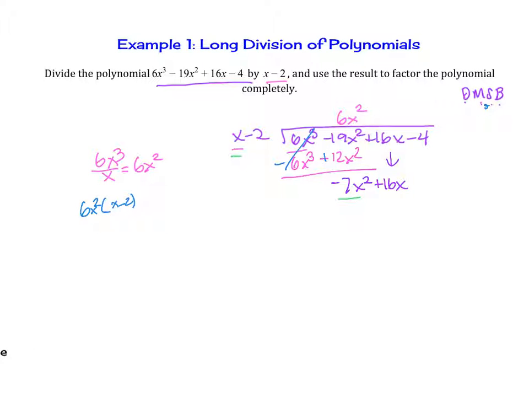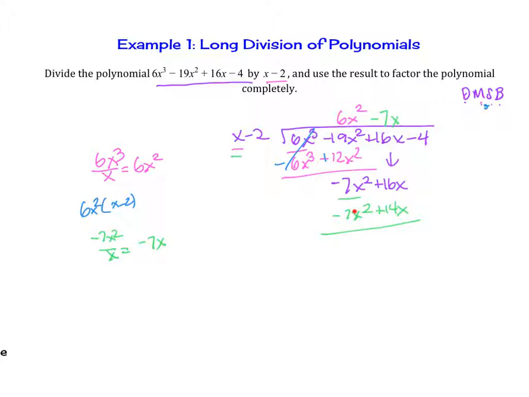Negative 7x squared over x. So that is negative 7x, and that gets written over the same thing over here, over the 16x. Then we multiply, so negative 7x times x is negative 7x squared, and negative 7x times negative 2 is positive 14x.